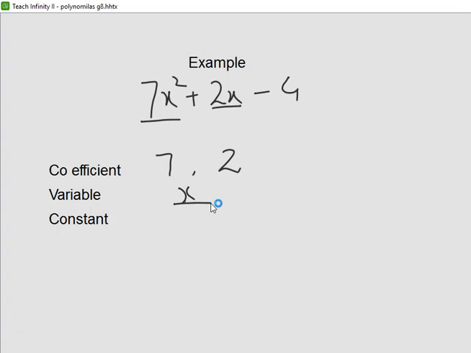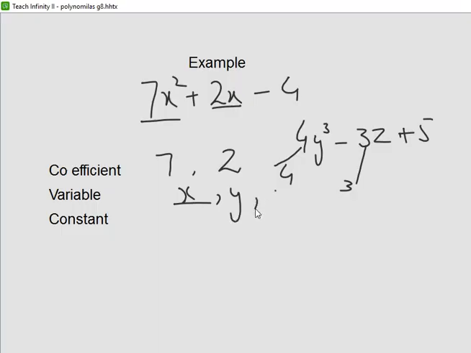Like in another example, if we have 4y cube minus 3z plus 5, here in this example 4 is the coefficient, 3 is also a coefficient, and y is a variable and z is also a variable.